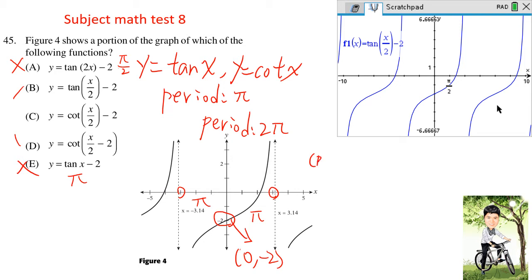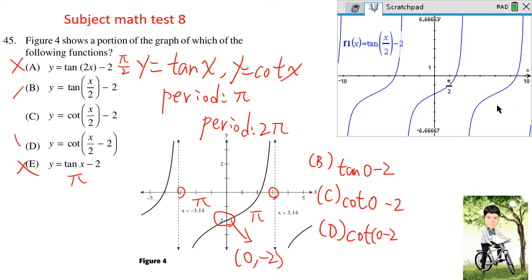For B, when x equals 0, tangent 0 minus 2. For C, cotangent 0 minus 2. For D, cotangent 0 minus 2 equals cotangent of negative 2.